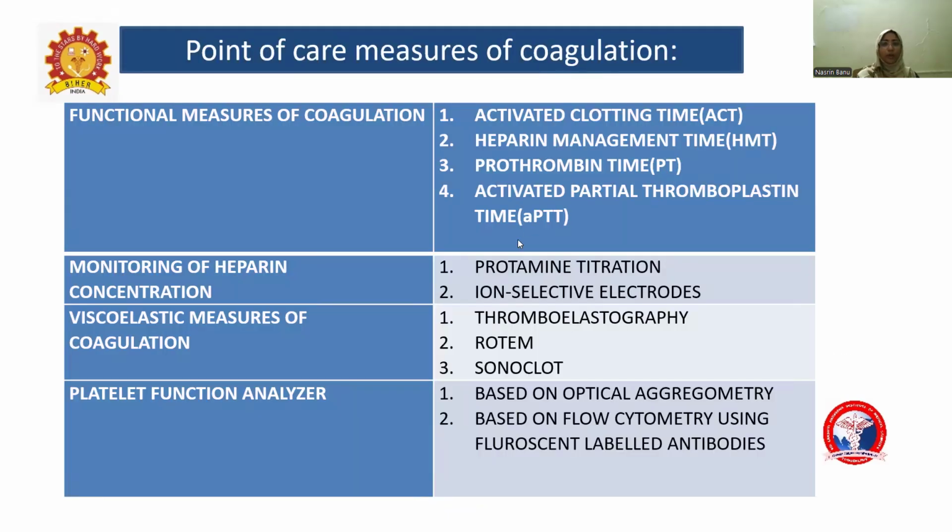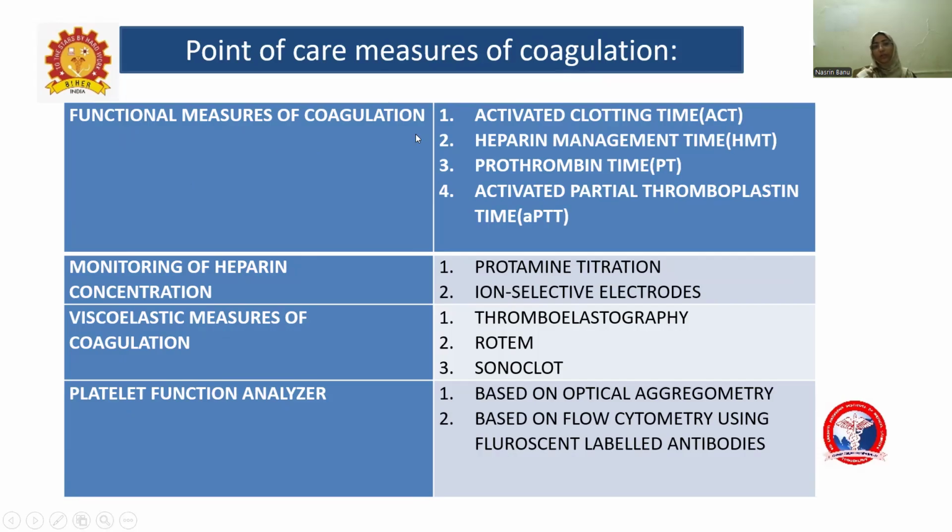What are the point of care measures of coagulation? Point of care means the patient is there; from there only we will take the sample, and then and there we will give the result. That is known as point of care measures. These are functional measures of coagulation, monitoring of heparin concentration, viscoelastic measures of coagulation, and platelet function analyzer.